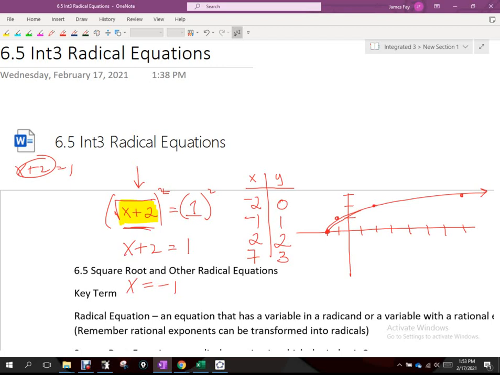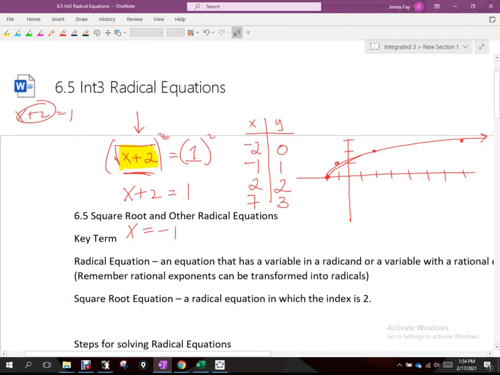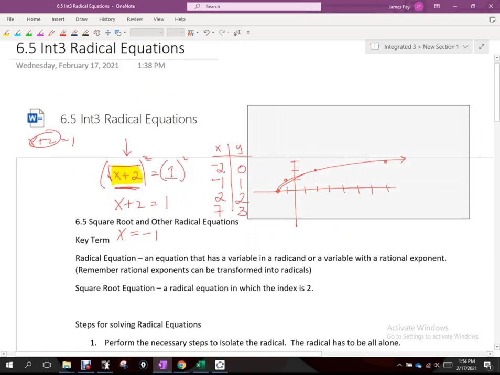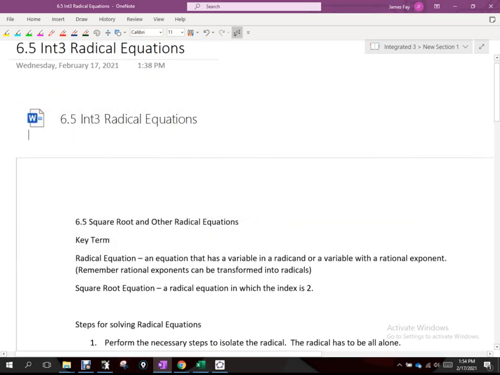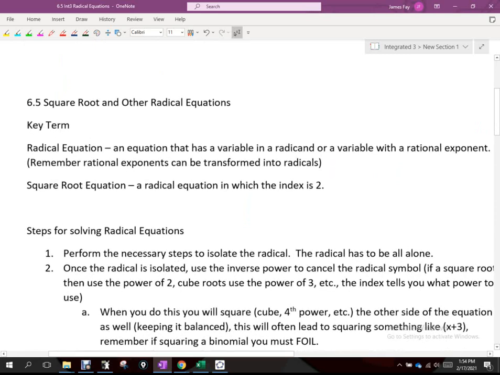But it does not mean that every one of those is a solution to the original problem. The reason for that is the squaring process. We have to go through a process every time we square something, because that operation creates what we call extraneous solutions.